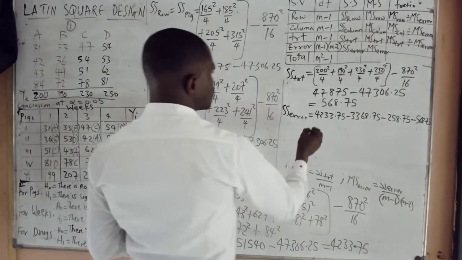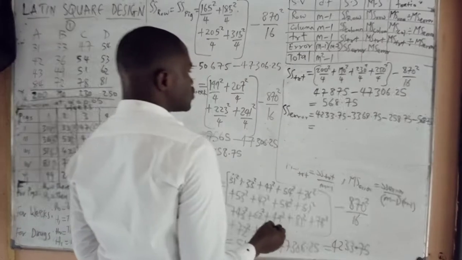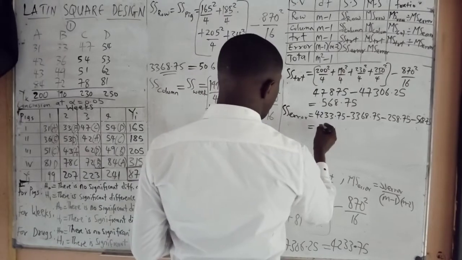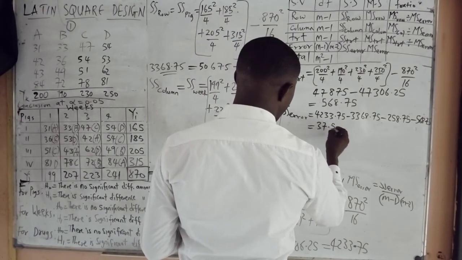Once you subtract it, you'll be having your SS error to be 37.50.